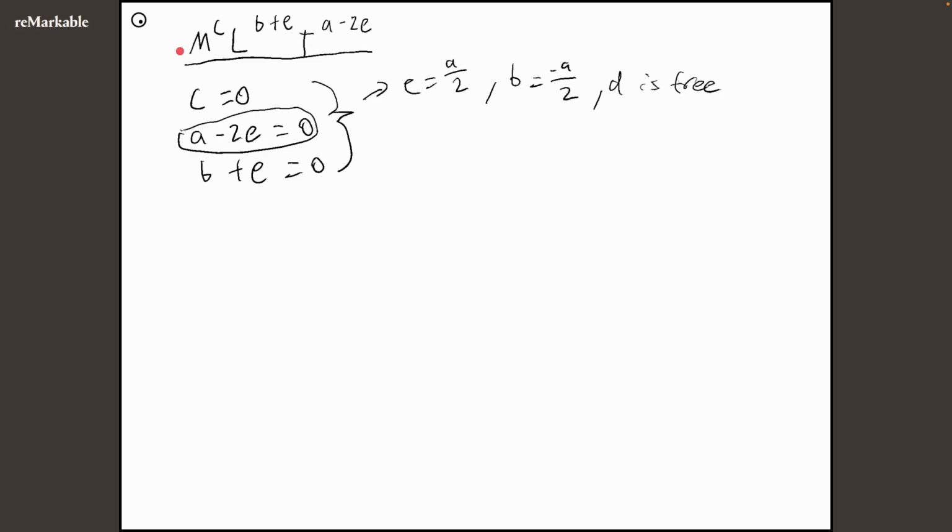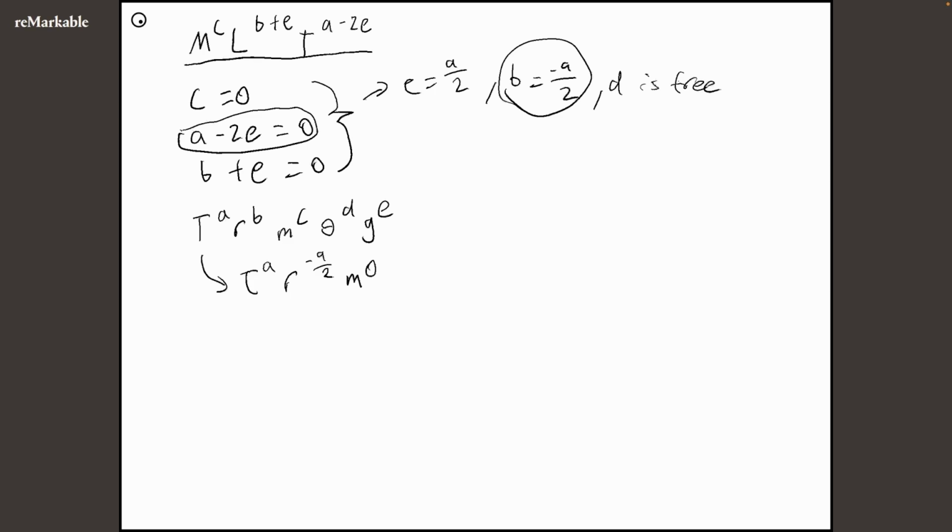This means we can simplify this initial product of the variables, tau^A, r^B, m^C, theta^D, g^E, to tau^A, r^(negative A on 2) from here, M0, because C is equal to 0 as we gathered there, theta^D, as D is free, and g^(A on 2).